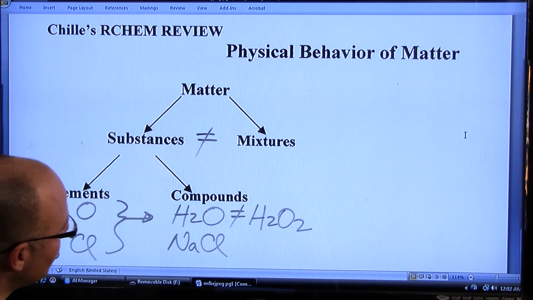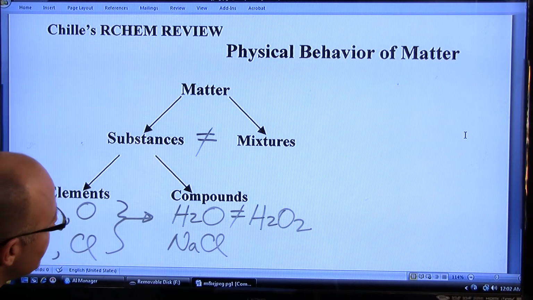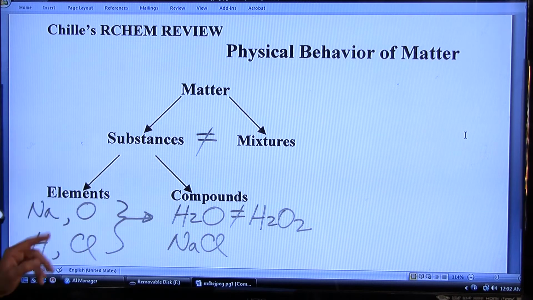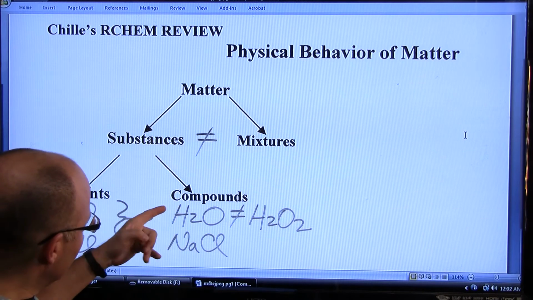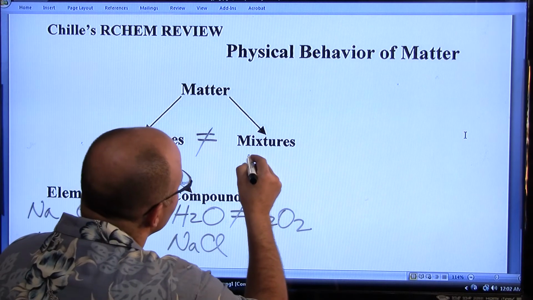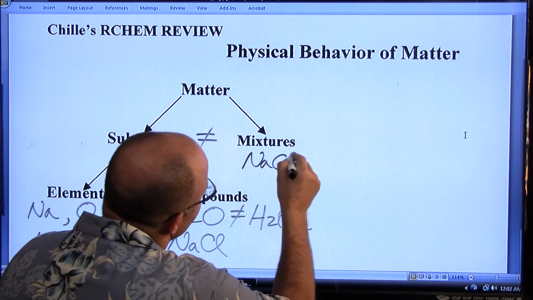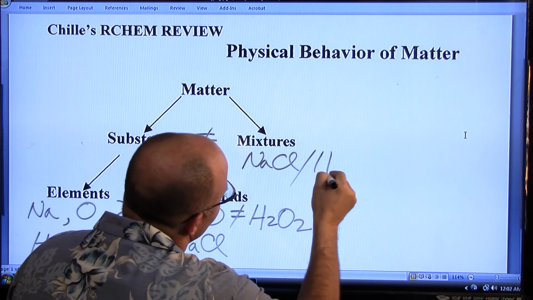And then for some examples of mixtures, where we physically combine these things, well, this grouping right here could represent a mixture, provided these elements don't react with each other. Another mixture might be taking the NaCl and the water together. NaCl slash H2O.